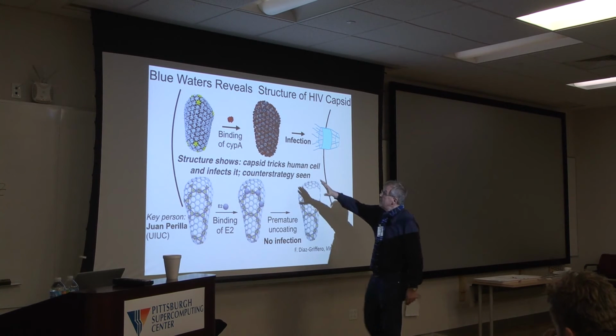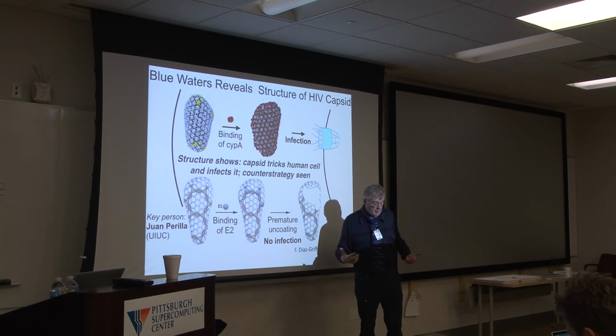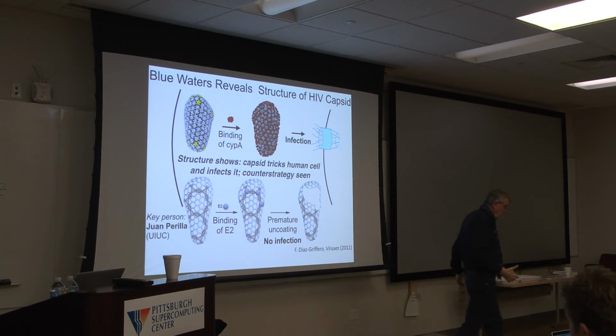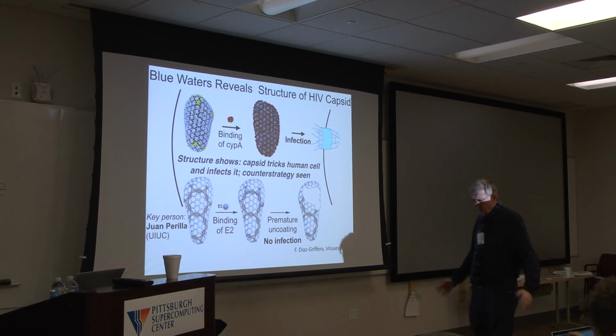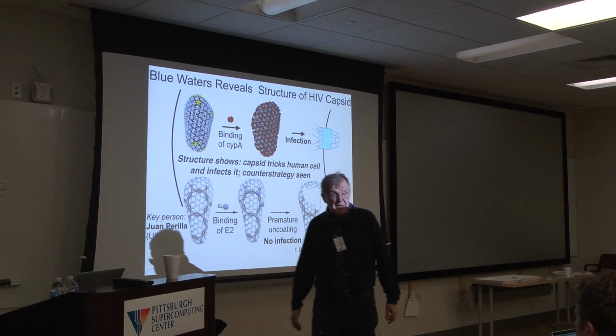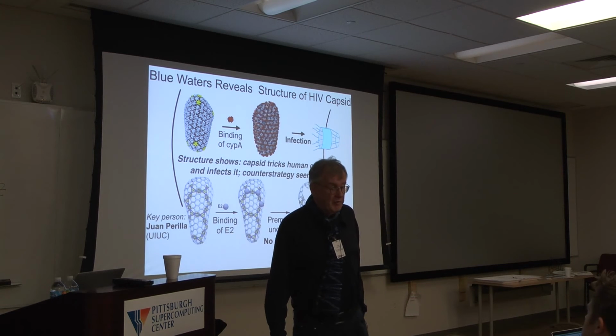And here we see the information we got out of the structure. First, people thought, oh, this capsid is just a container for the genetic information of the HIV virus to infect the cell, just a container. And it turned out to be rubbish. It has a much more involved role.